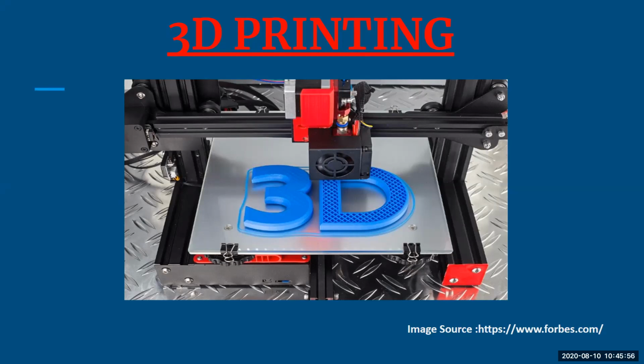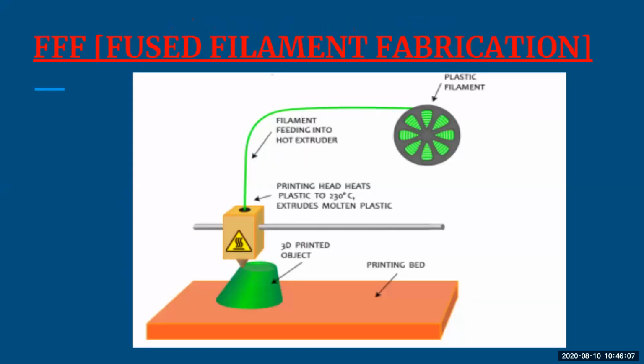Okay, so in 3D printing there are different types, where different materials are used and the printing takes place. The very first is your triple F, that is your fused filament fabrication. Always remember, when I talk about fused filament fabrication, it uses molten plastic as an input, and with that molten plastic it helps you to create your 3D object, which will be of type plastic.